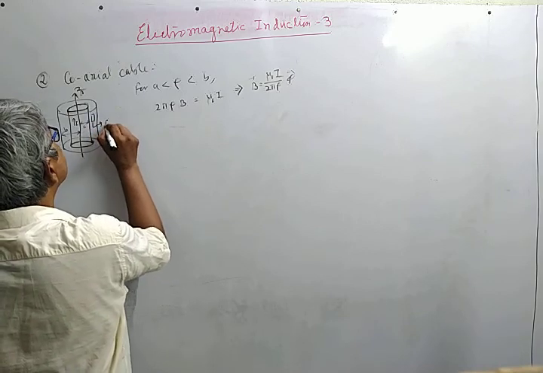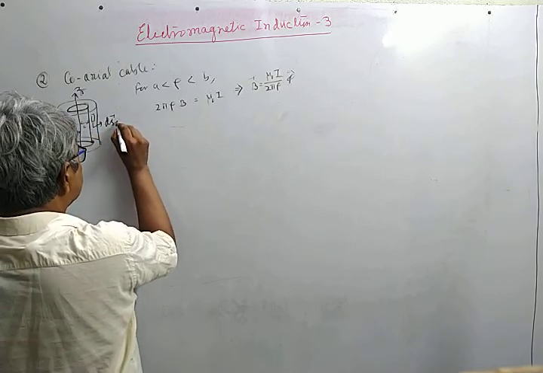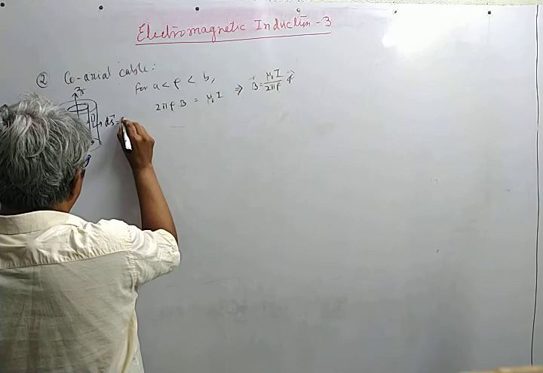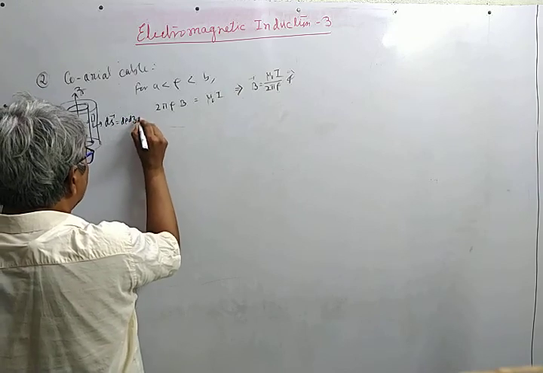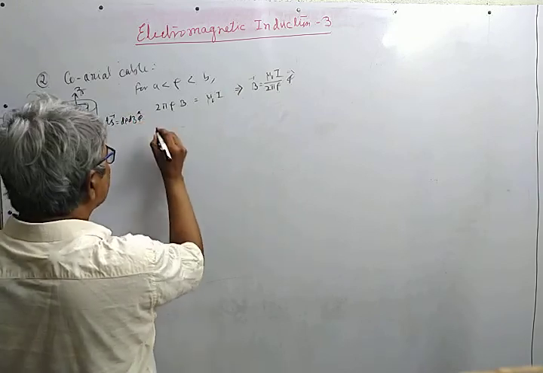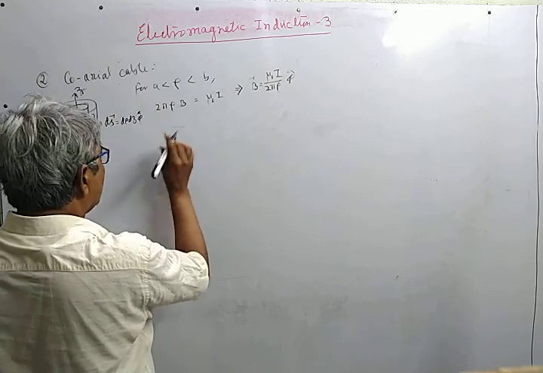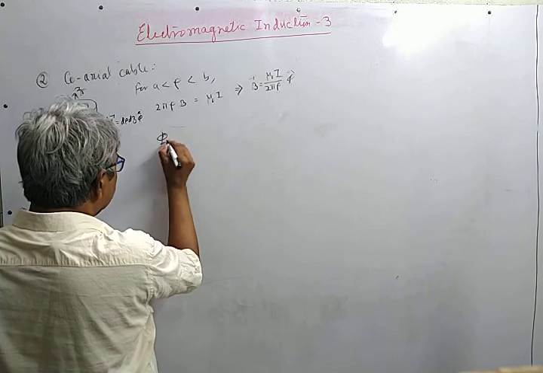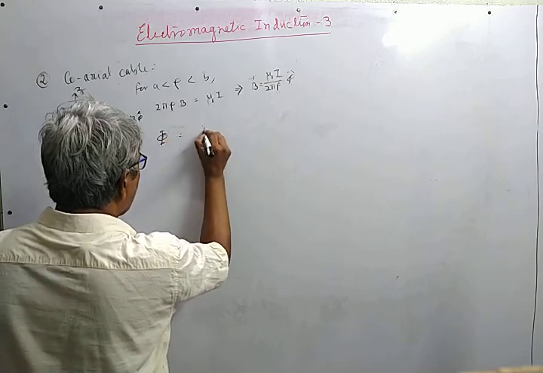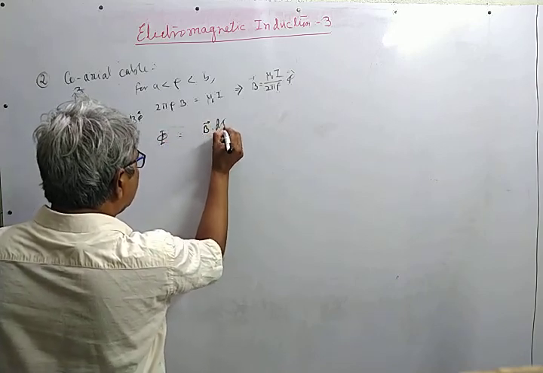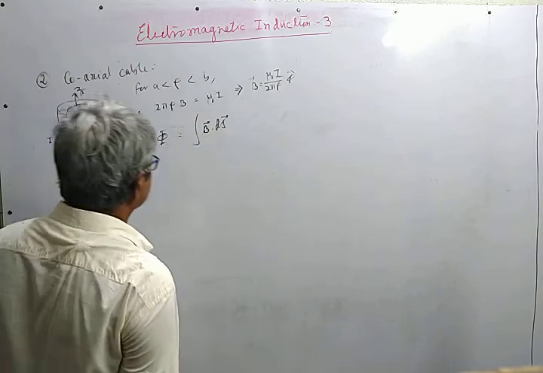So this is ds. ds is equal to d rho dz phi cap. So the flux linked with it is B dot ds and the integration.